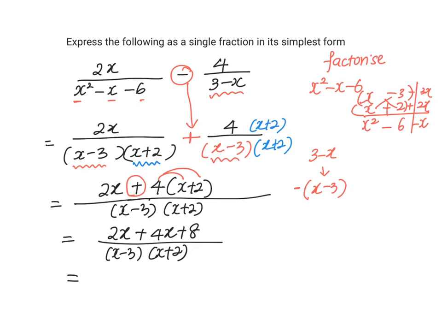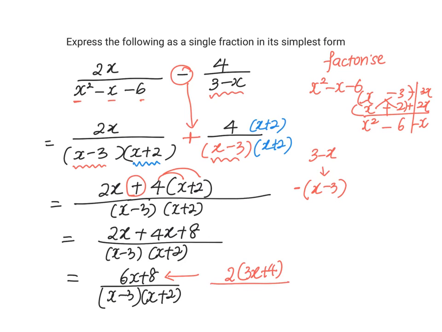Simplifying, we'll get 4x plus 6x plus 8 over x minus 3, x plus 2. Always check, can we factorize the numerator? Yes, we can. Common factor is 2, bracket 3x plus 4, over x minus 3, x plus 2.